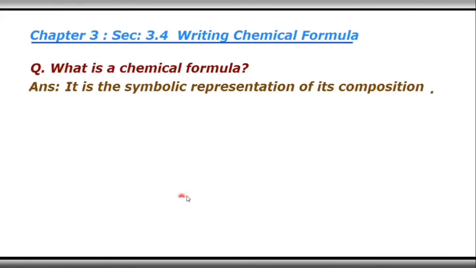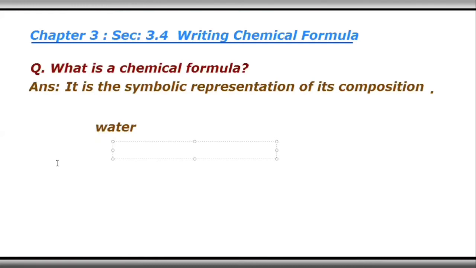For example, if we have to write the chemical formula for water, then we should know the composition of water. We already know that water is composed of two elements: hydrogen and oxygen.